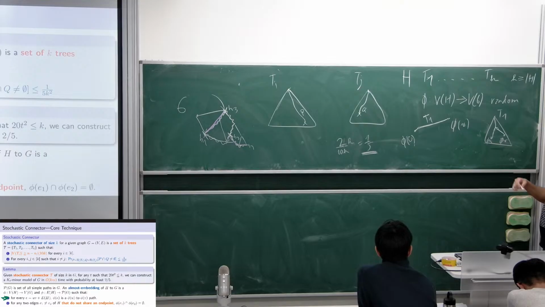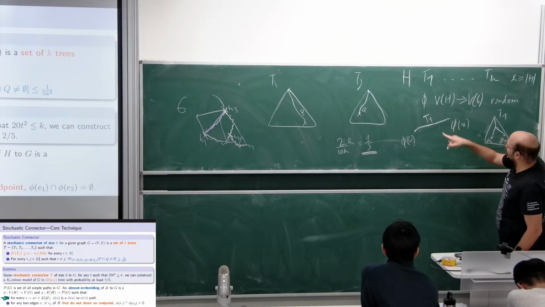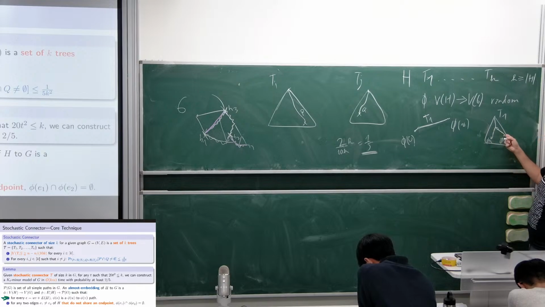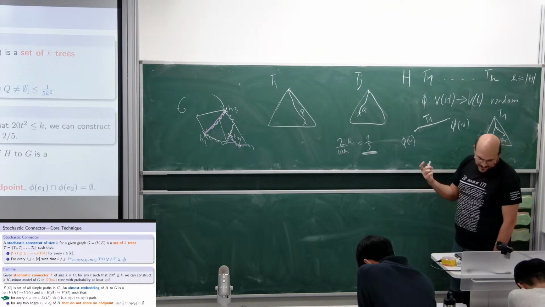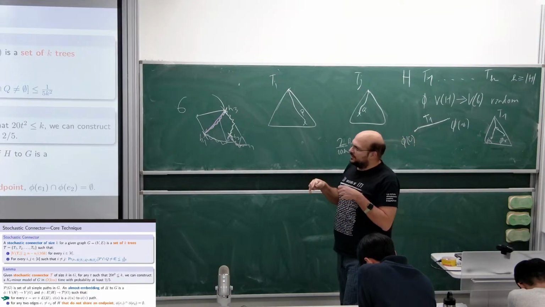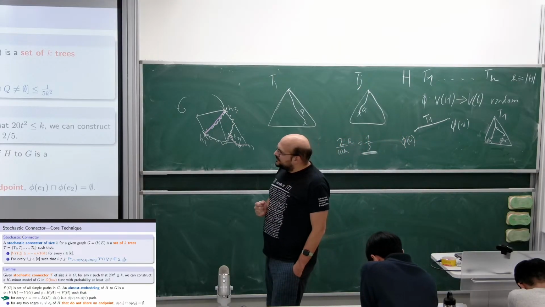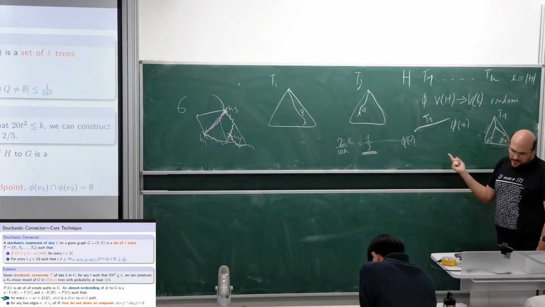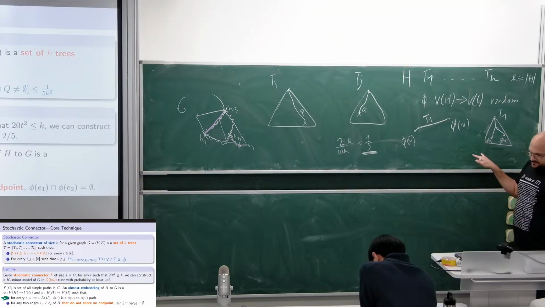So this will be the path connecting phi u and phi v in G. This certifies that such a path exists, and that's the first condition.